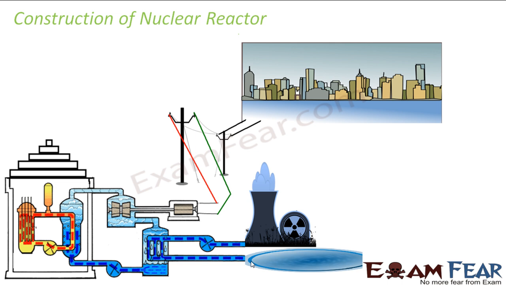Basically, if you look at this figure, this is the core of the nuclear reactor. The core basically consists of the radioactive substance which is used. What is the radioactive substance used in a nuclear reactor? It is uranium-235.